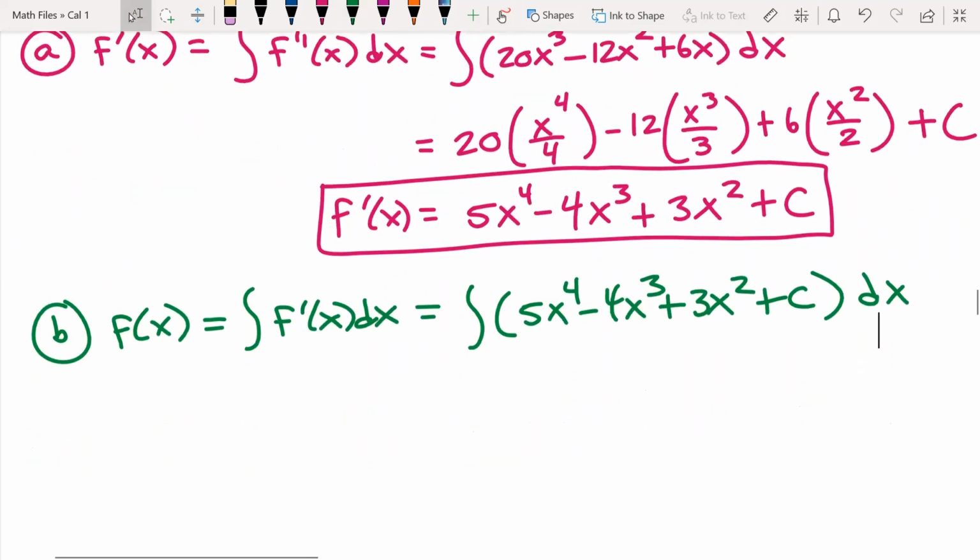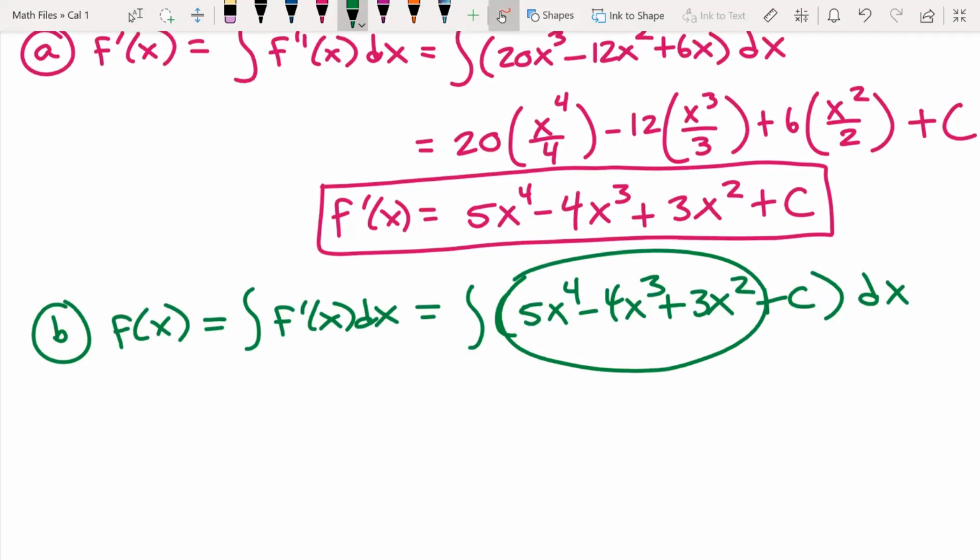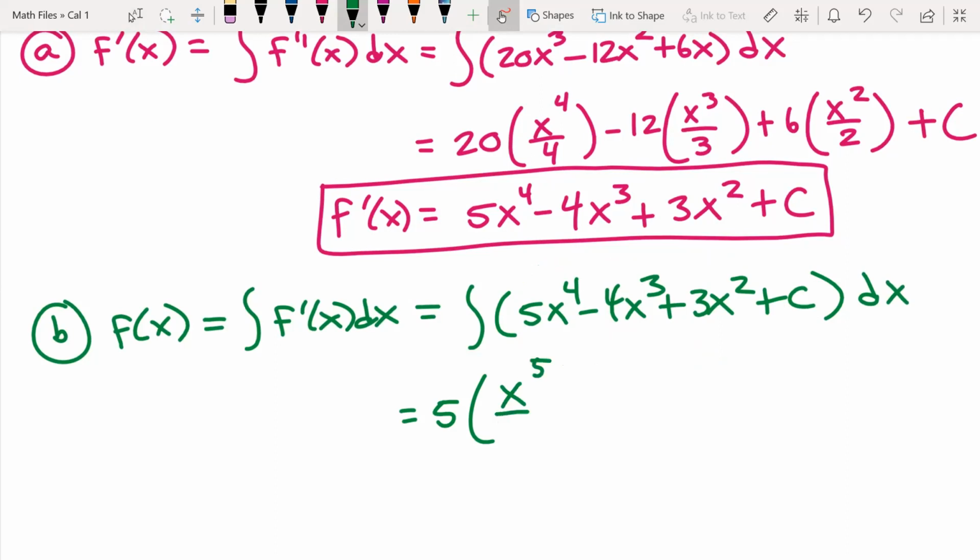This integral is ready to go. And once again, power rule on all three of these, and then constant rule on the last one. We are ready to go, guys. 5 times, what is the antiderivative of x to the 4th? x to the 5th over 5. There you go. Minus 4 times the antiderivative of x cubed.